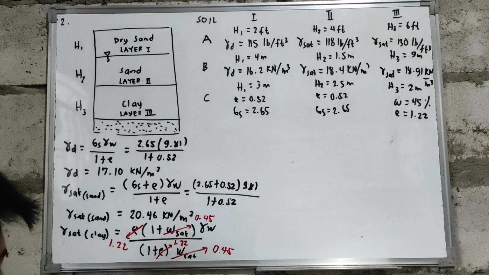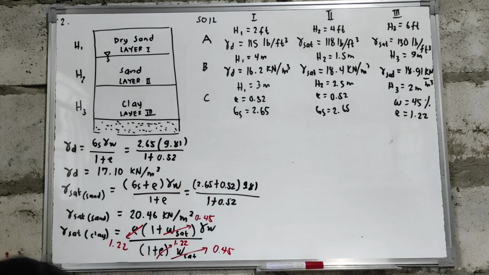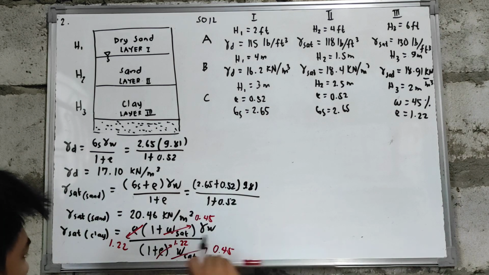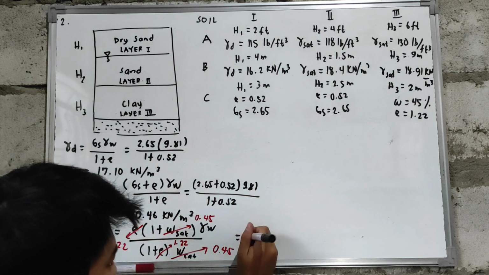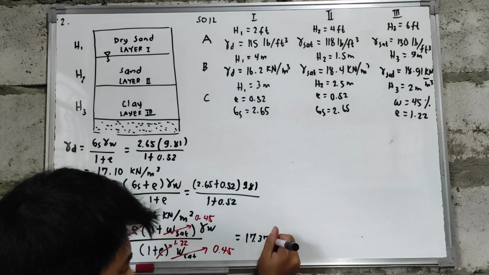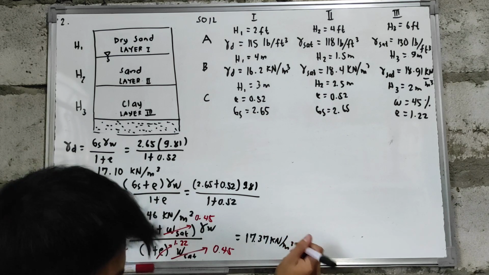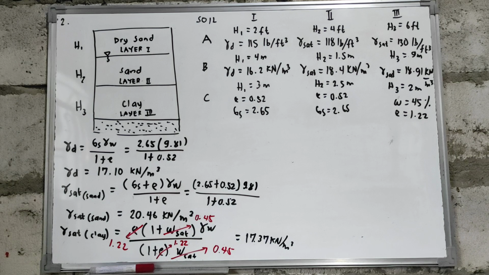So, yung value ng gamma saturated clay natin is equal to, so yung gagamitin natin unit weight dito, that is 9.81. So we have a value of gamma saturated clay equal to 17.37 kilonewton per cubic meter.